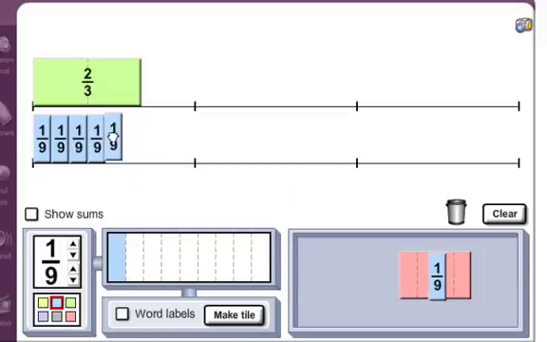So 2/3 is actually equal to a total of 6/9. So 6/9 and 2/3 are the exact same thing.